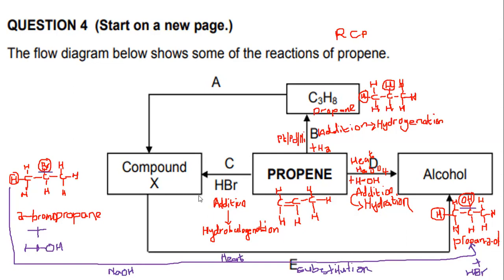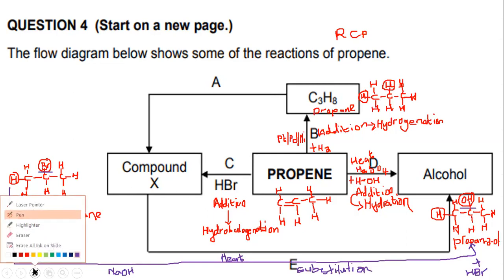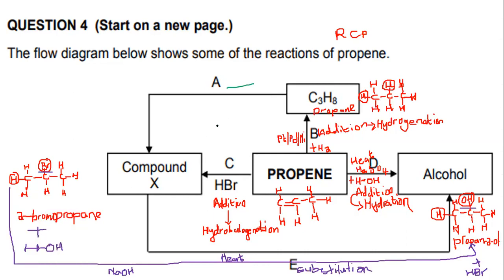Then lastly, I want us to look at reaction A. When you look at reaction A, right, I think I'll take a green one. Okay, no, it's nice. It still shows clearly.